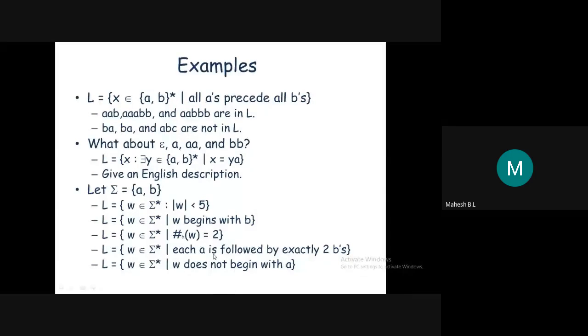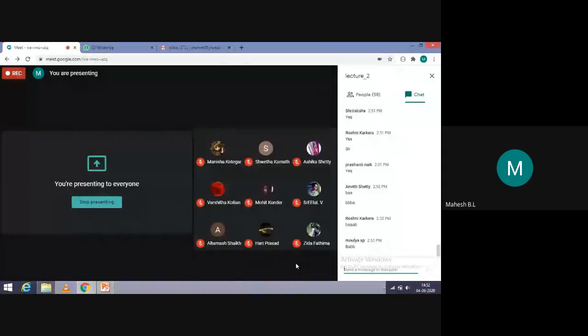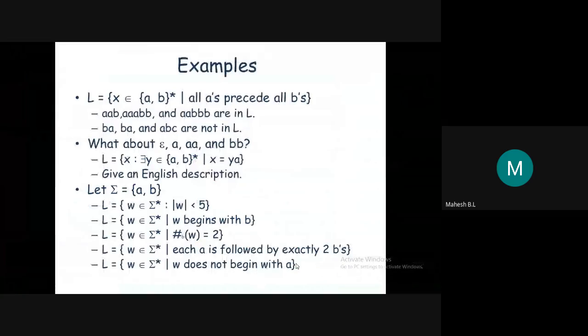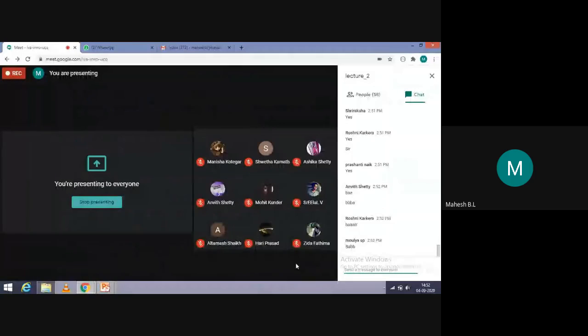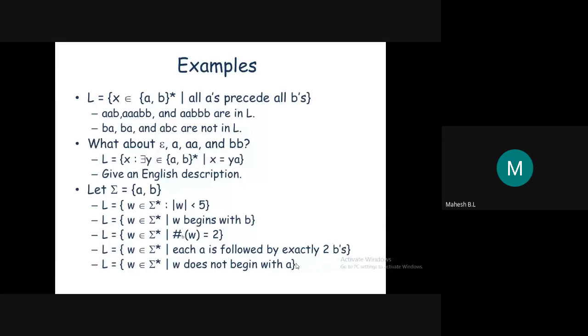The next language: L is equal to W belonging to sigma star, W does not begin with A. Give some examples for this. You can give any example which starts with B. Any string which starts with B belongs to L because W must not begin with A. That is the only condition.